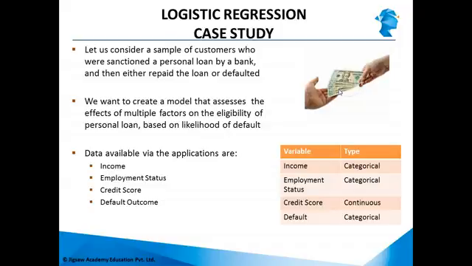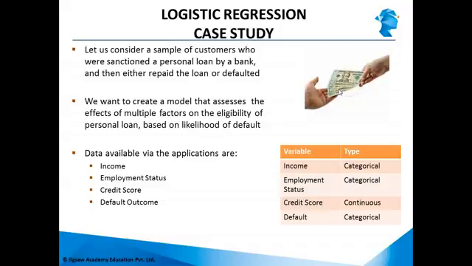They also have data on some attributes of the customer via the application form, so things like income, employment status, etc. And they want to relate now the default behavior to attributes of the customer with a view of assessing loan eligibility for future customers.